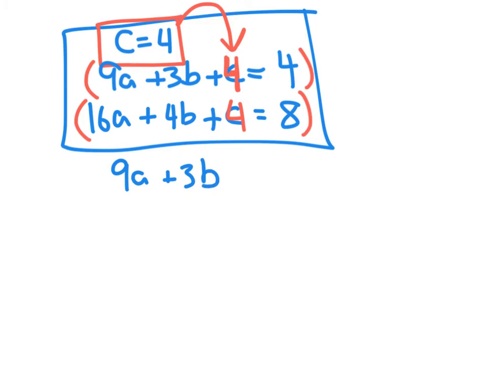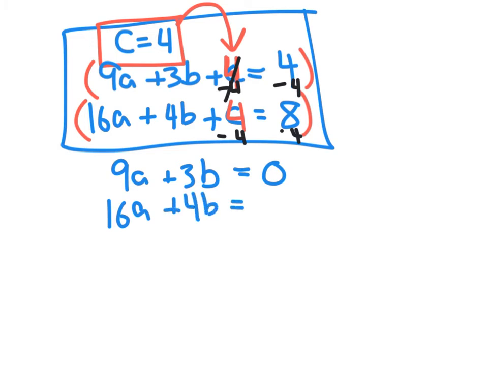Now that plus 4 that we plugged in from c, I'm going to subtract 4 and subtract 4 to make it equal 0. Does that make sense? All I did was subtract 4, canceled, subtract 4, and it gave me 0. And the bottom equation, if I subtract 4 and subtract 4, I'll have a 4 out there. So my bottom equation will be 16a plus 4b equals 4, because 8 take away 4 is 4.